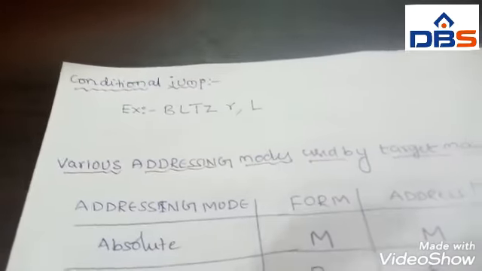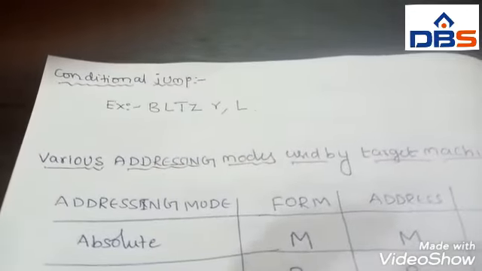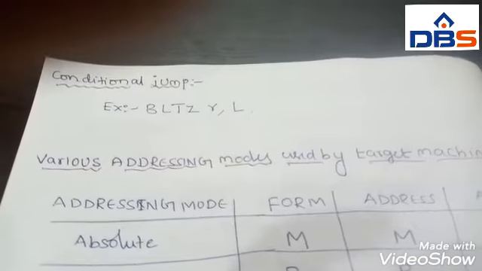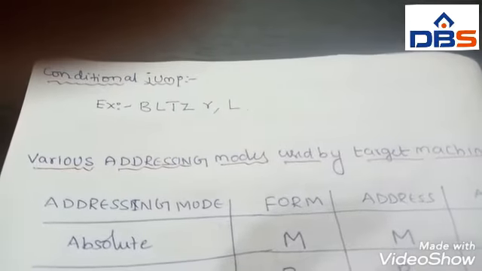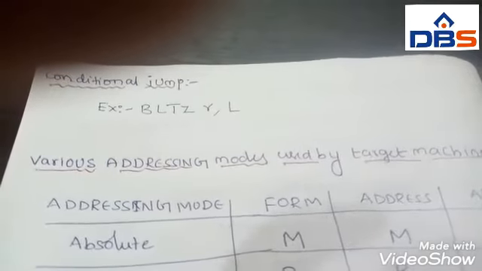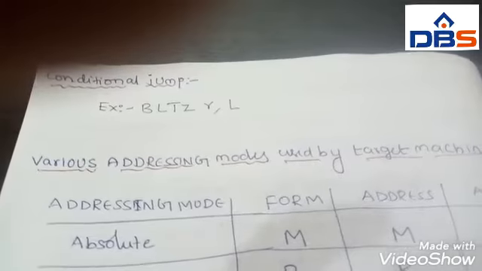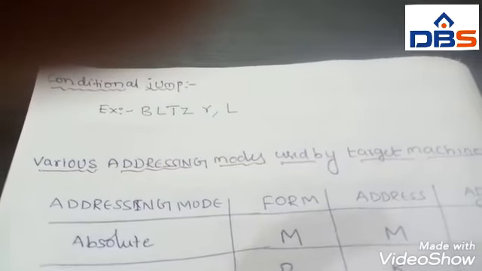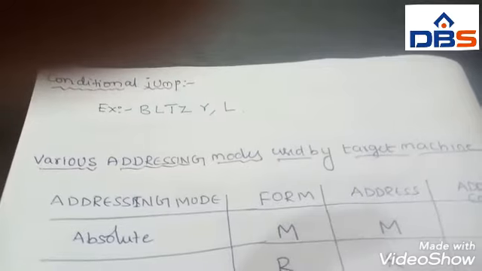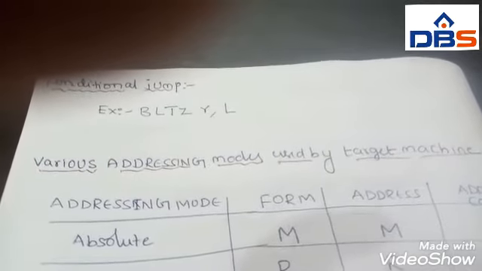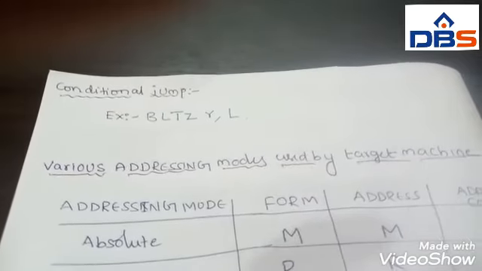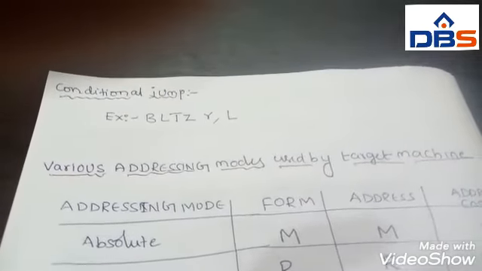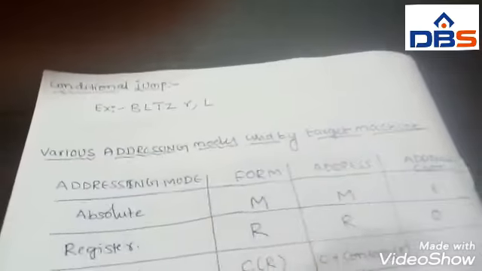Here the example is BLTZ R, L. Here B is branch, LT is less than, Z is zero, R is register, and L is a label, that is, an address. Branch to L if the content of the register is less than 0. So all these are the various instructions that are used by our target machine.